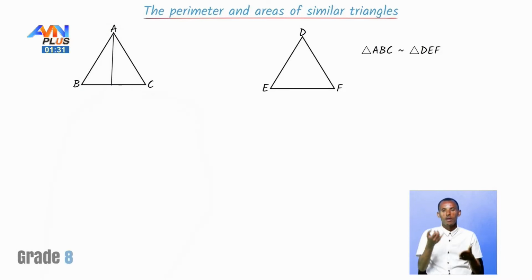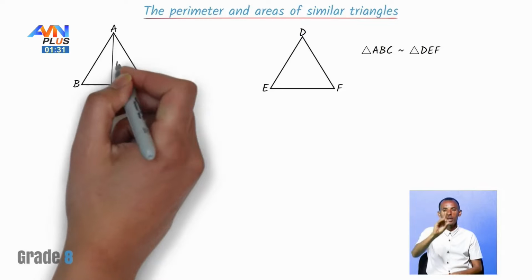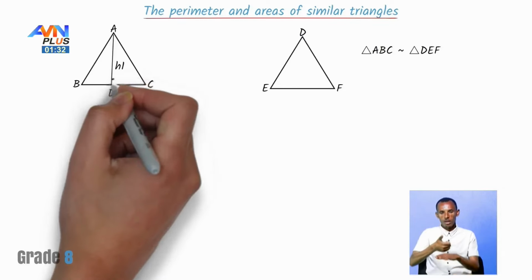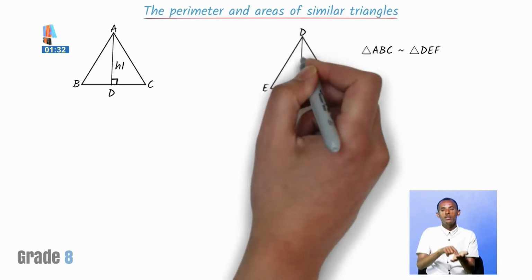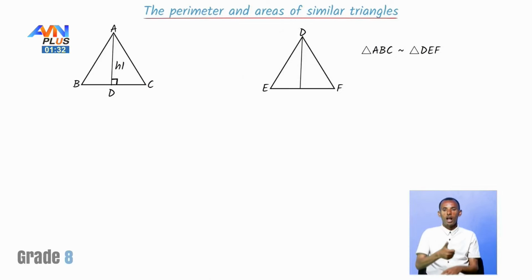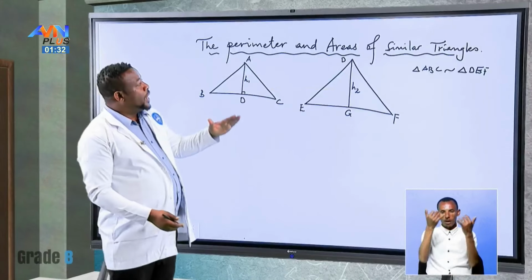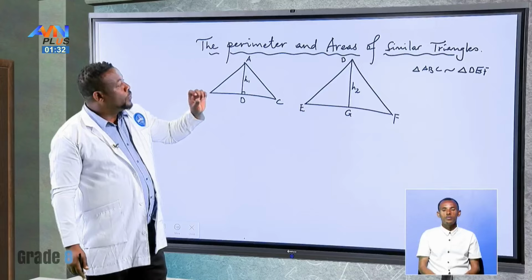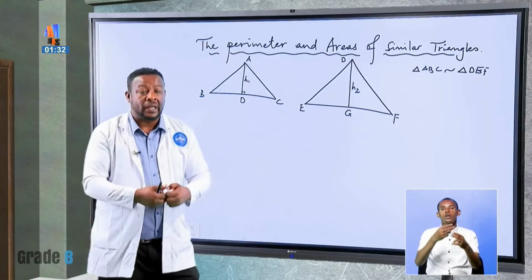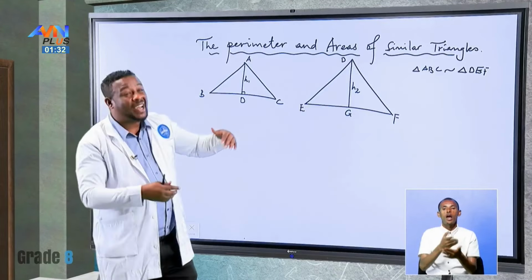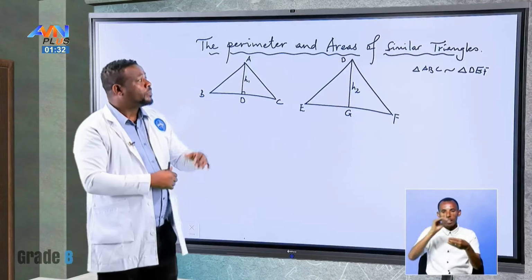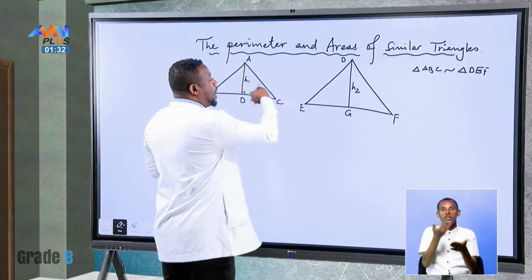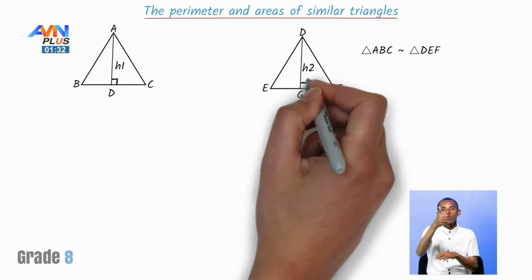Say that altitude is H1, and the altitude drawn from D to a certain point, say G, and say this altitude is H2. Okay? Now, we will try to create a relationship between the altitudes and the sides first, then we proceed to the perimeters and areas.